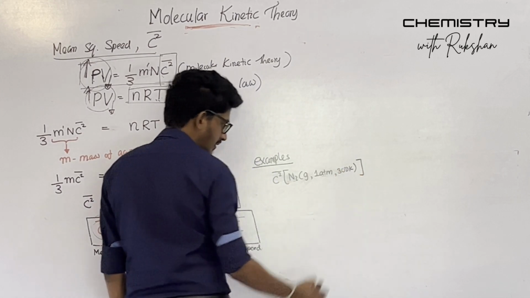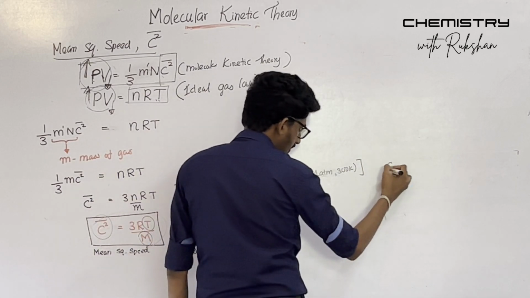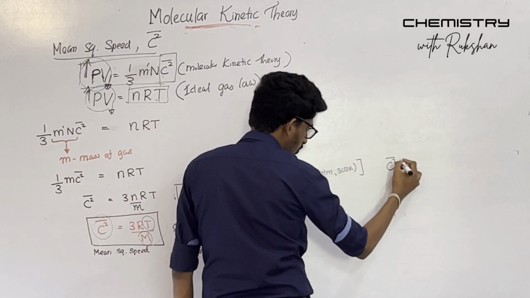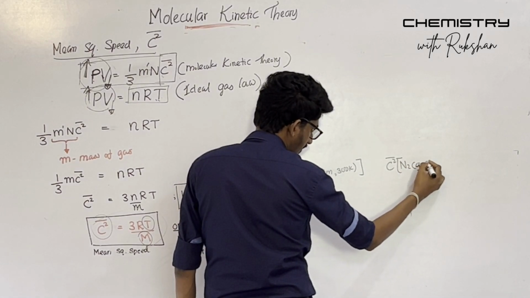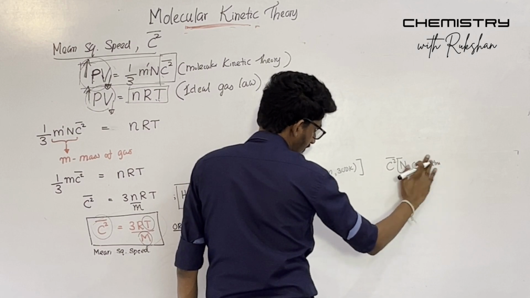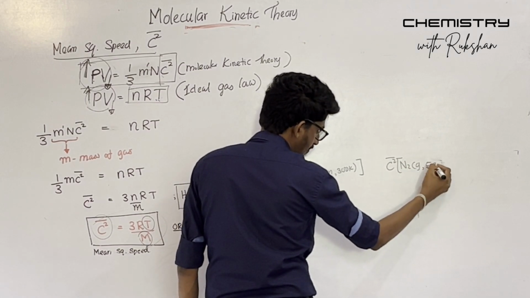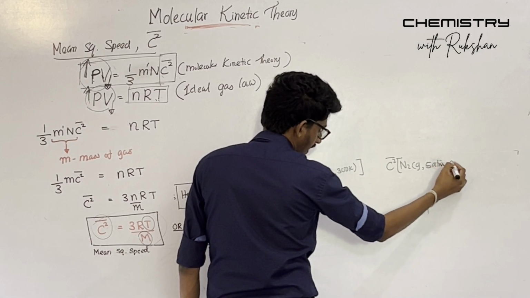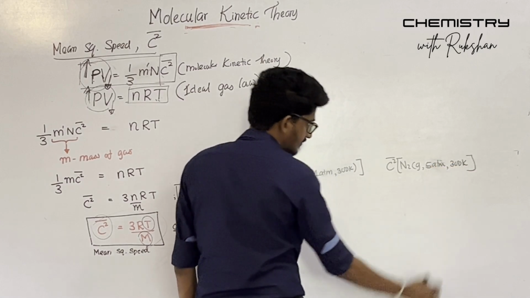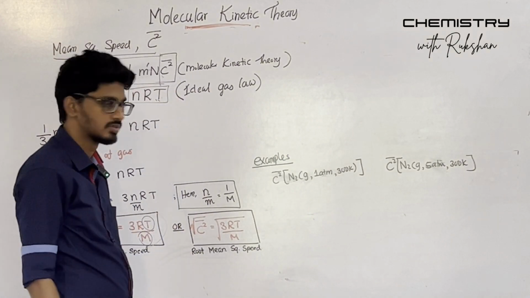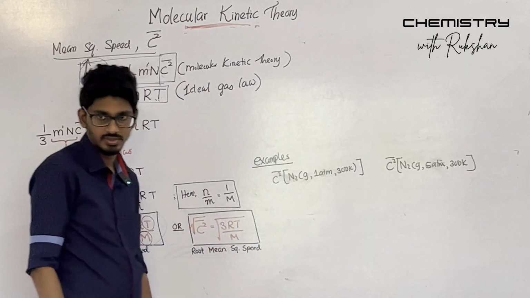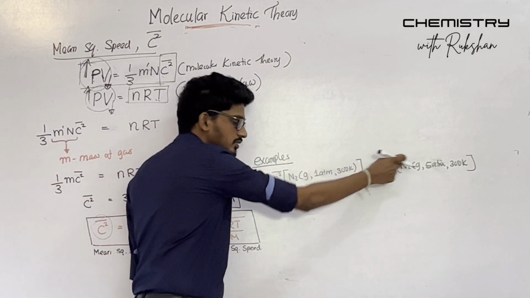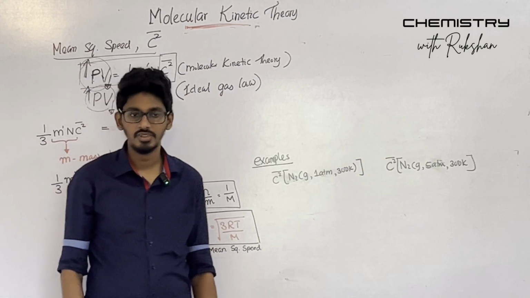Let's compare this with some N2 gas with, let's say, 5 atm pressure and 300 Kelvin. Let's compare these two. Which value is higher? This one or this one?